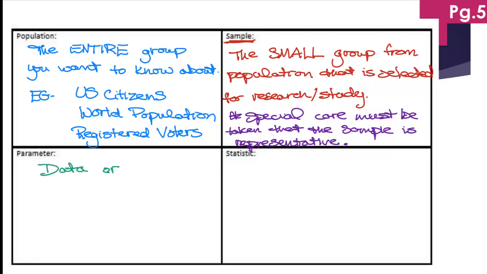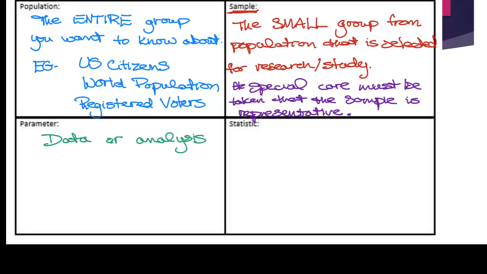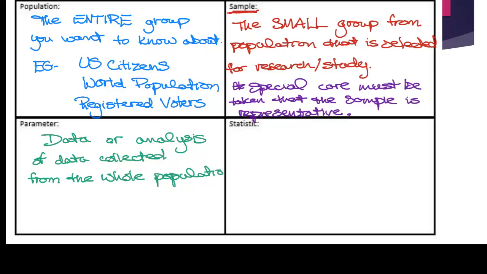Data or analysis of data collected from the whole population.